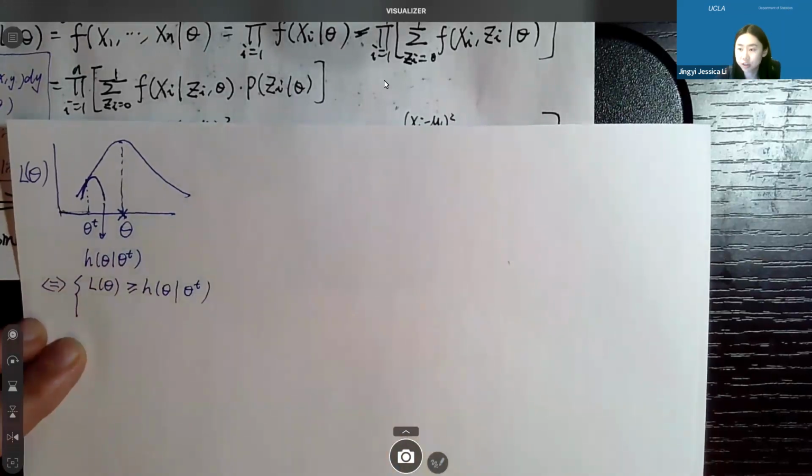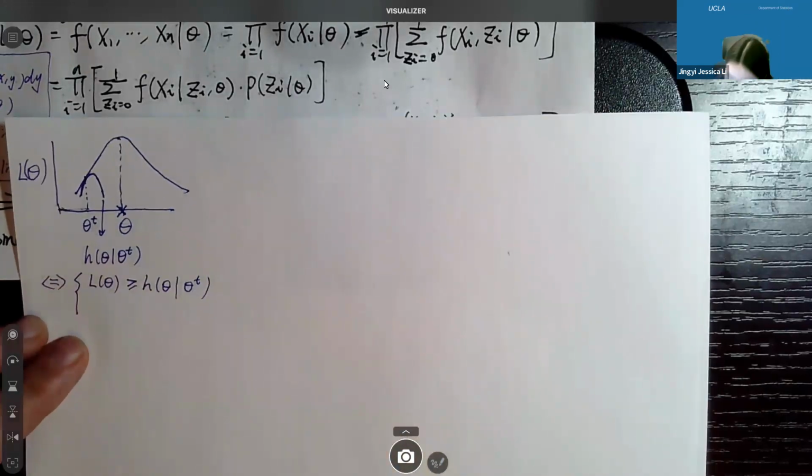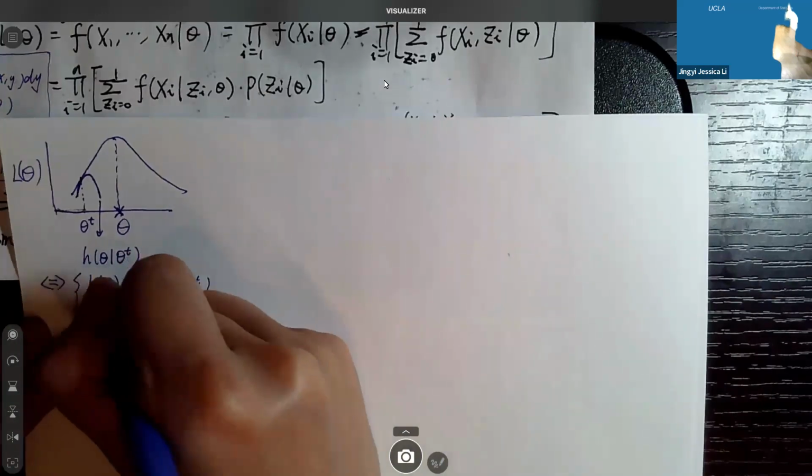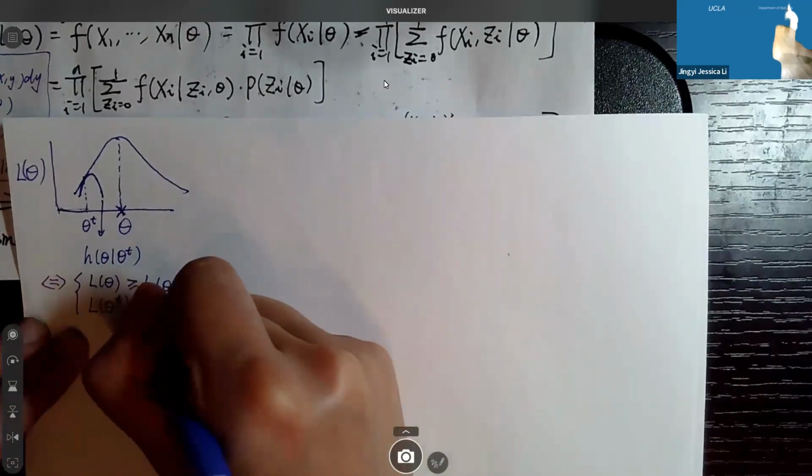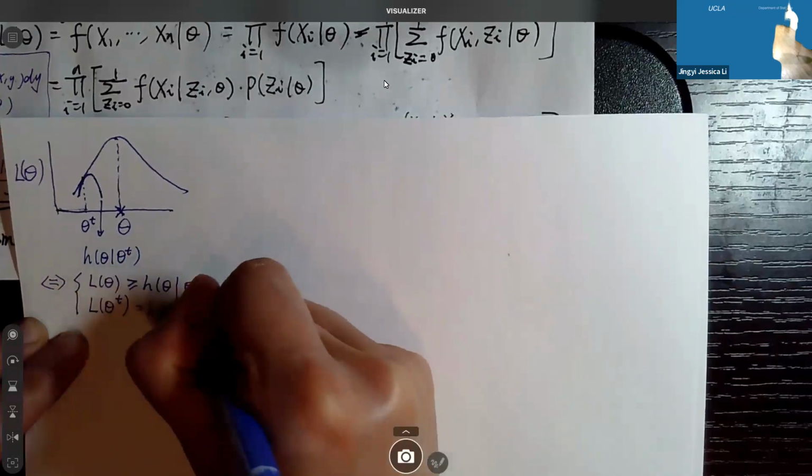Okay, so the h function is a lower bound. And second, the two functions are equal to each other at theta t.